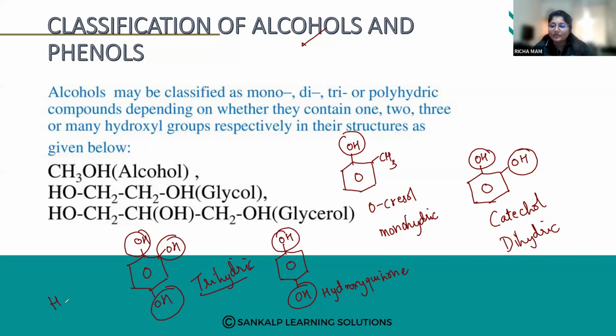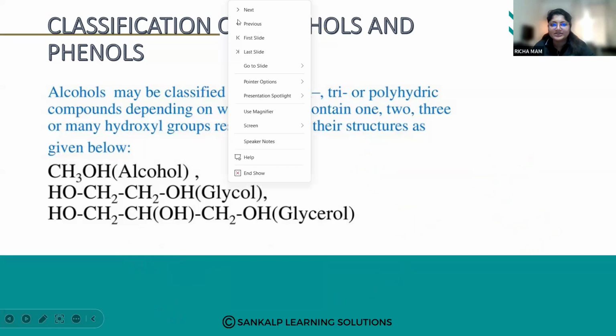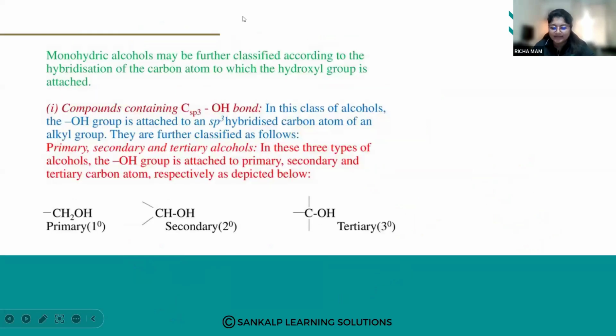So based on the number of OH groups, alcohols and phenols are classified as monohydric, dihydric, trihydric, and polyhydric. I hope the first classification is clear. Okay, fine, let us go to the next one.